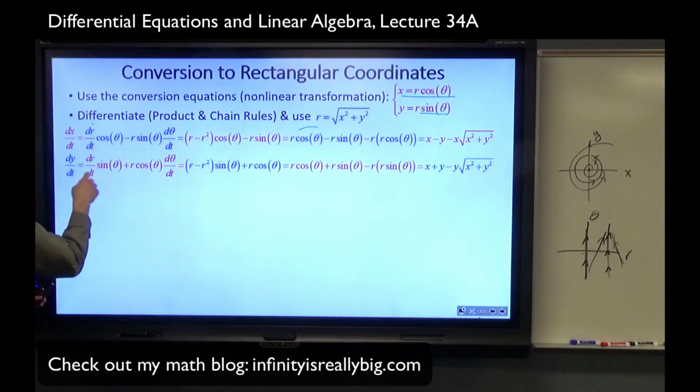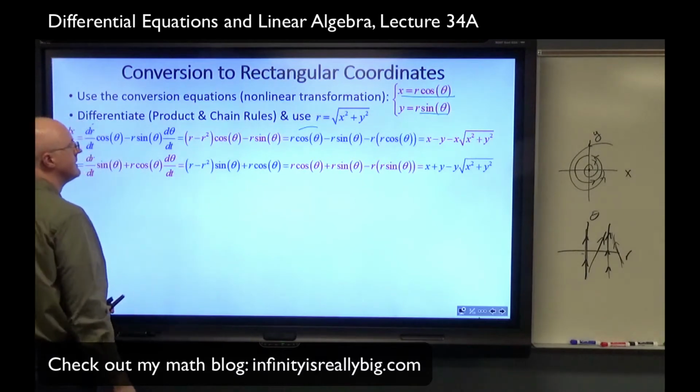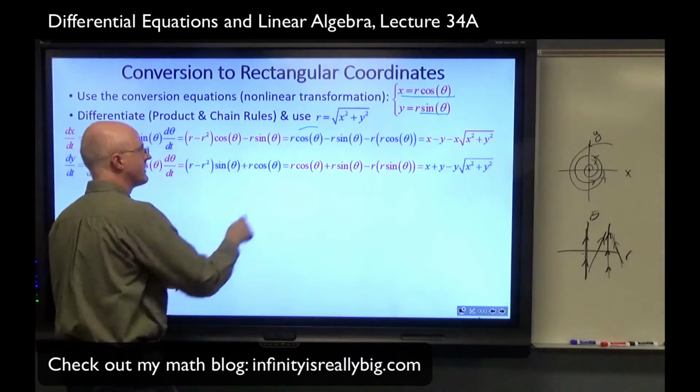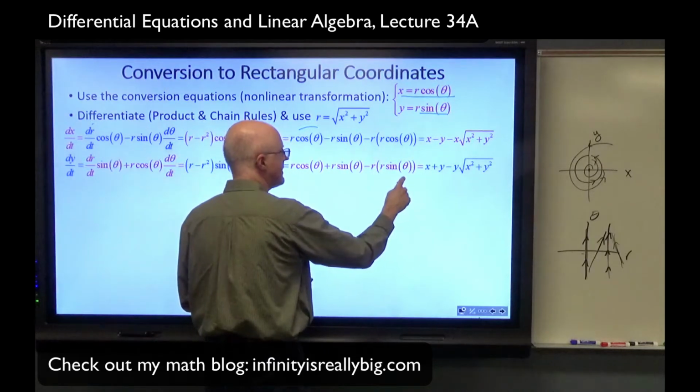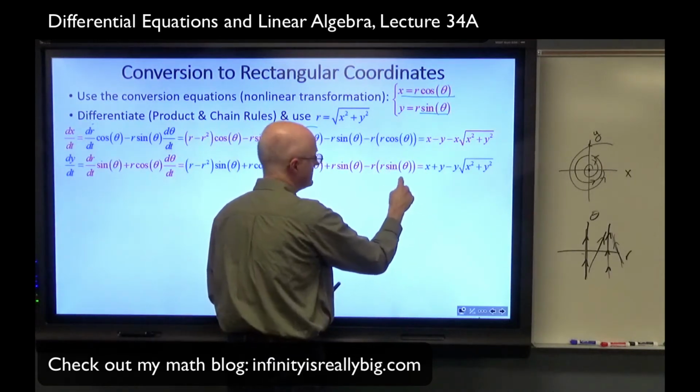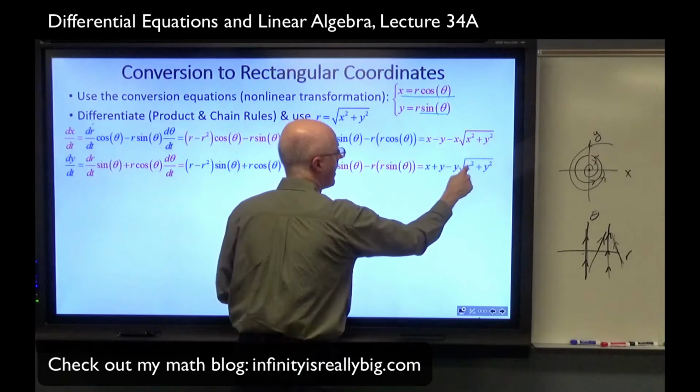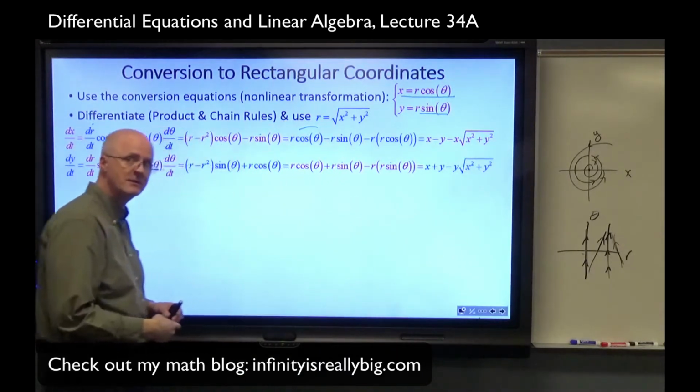Once again, dr dt is r minus r squared, d theta dt is 1. Multiply through, simplify, replace r cos theta with x, replace r sine theta with y, that's a y, r sine theta times r, which is the square root of x squared plus y squared.